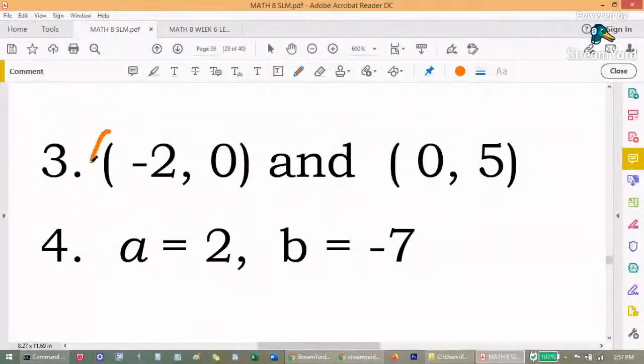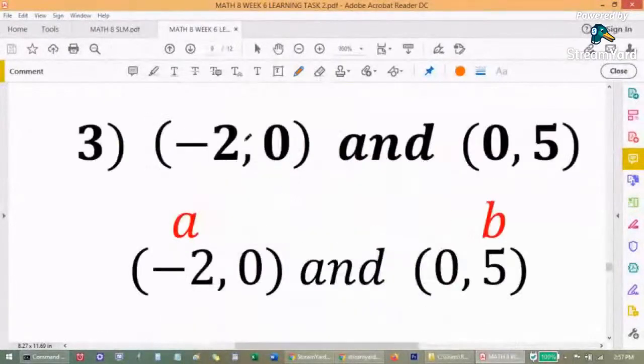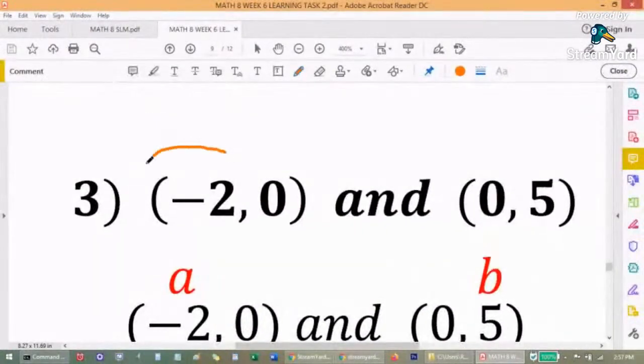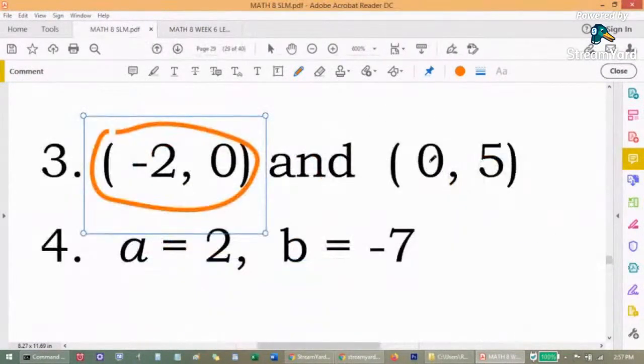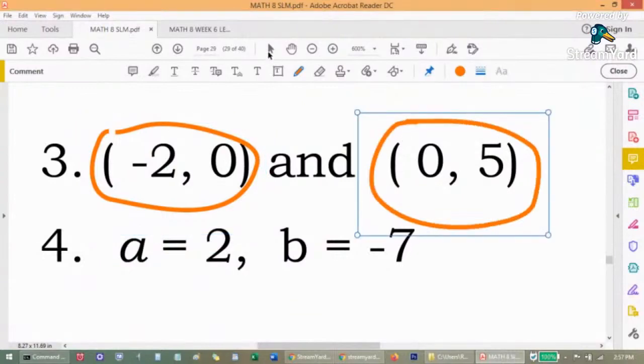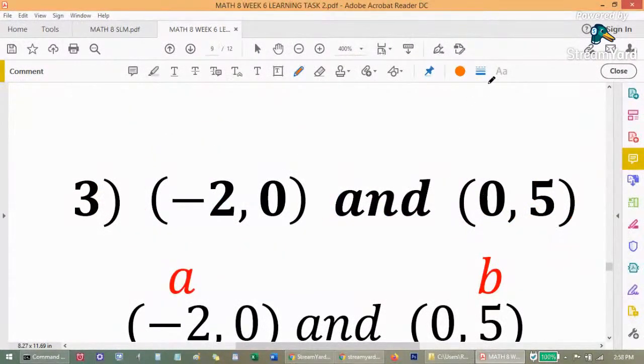Okay, so yung first point natin is negative 2 and 0. Then yung pangalawang point natin ay 0 and 5. Okay, so that's number 3.